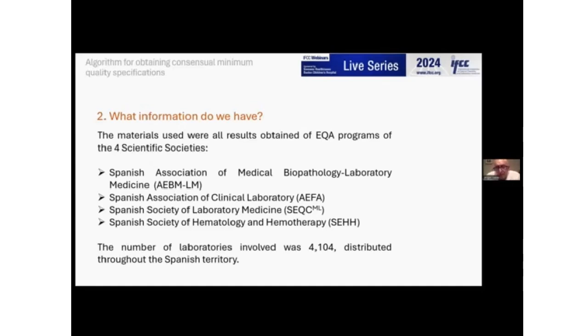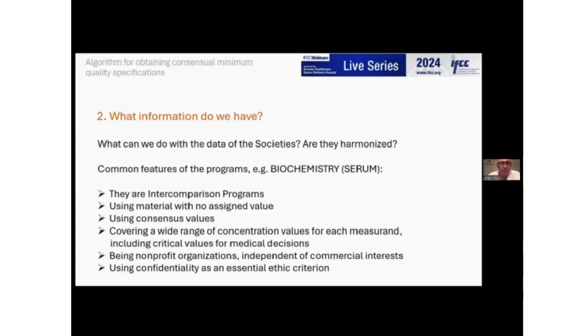And the fourth is the Spanish Association of Hematology and Hemotherapy. To give you an idea of what this has meant, the number of laboratories involved over these years is over 4,000. So, in principle, we consider that we have representation from all over Spain.